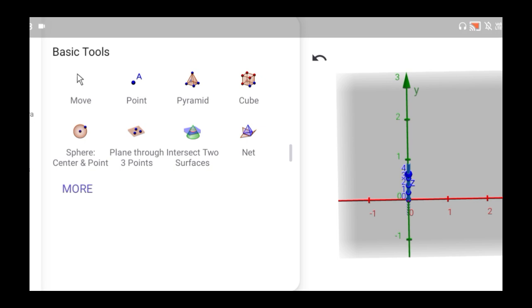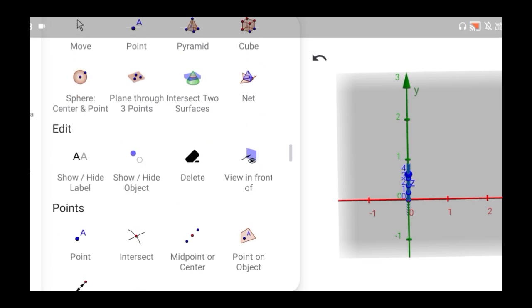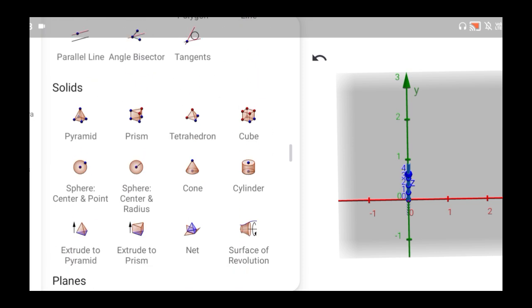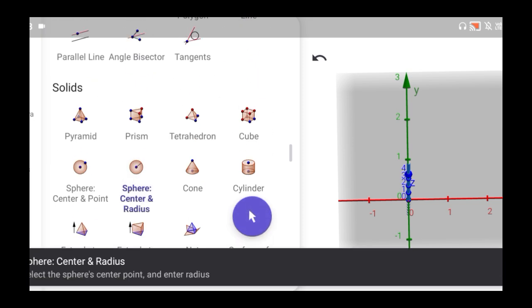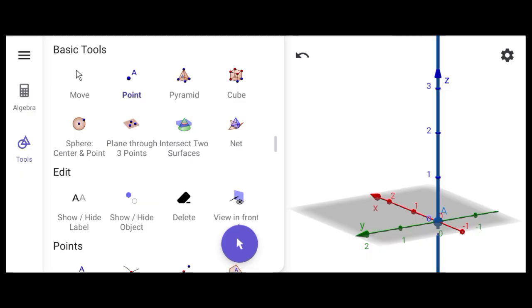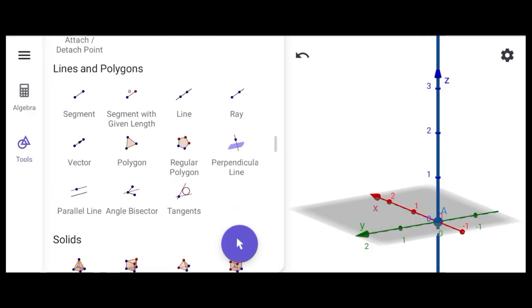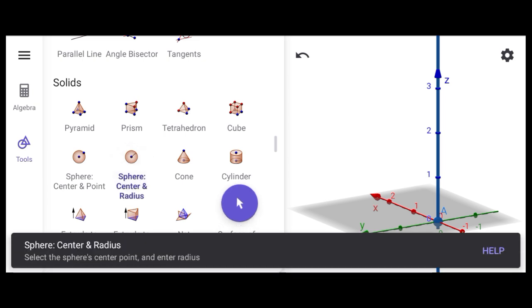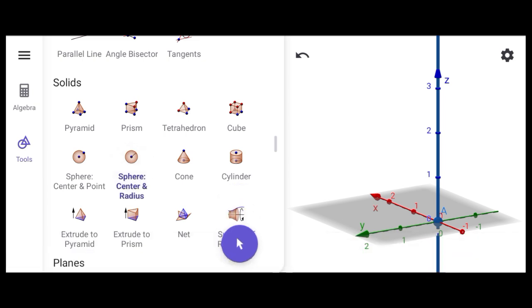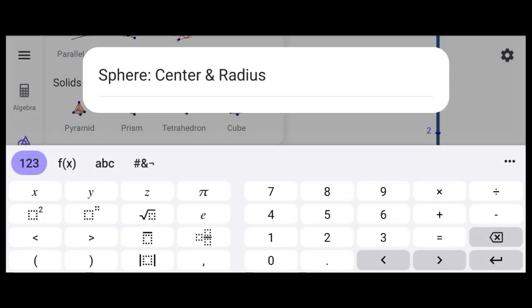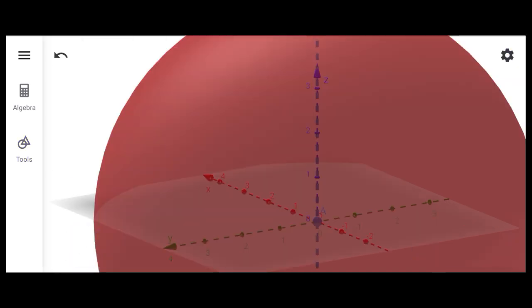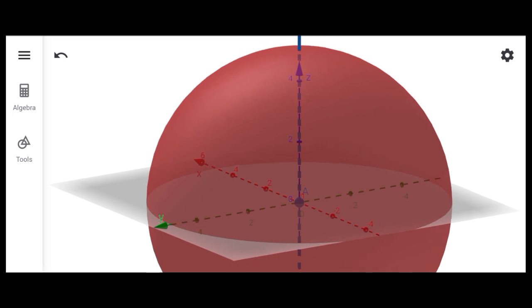So we will graph it using the GeoGebra app. By using the circle with center and radius tool, the point is at the center, so we will now input the radius of the circle. So the radius of the circle is 5.